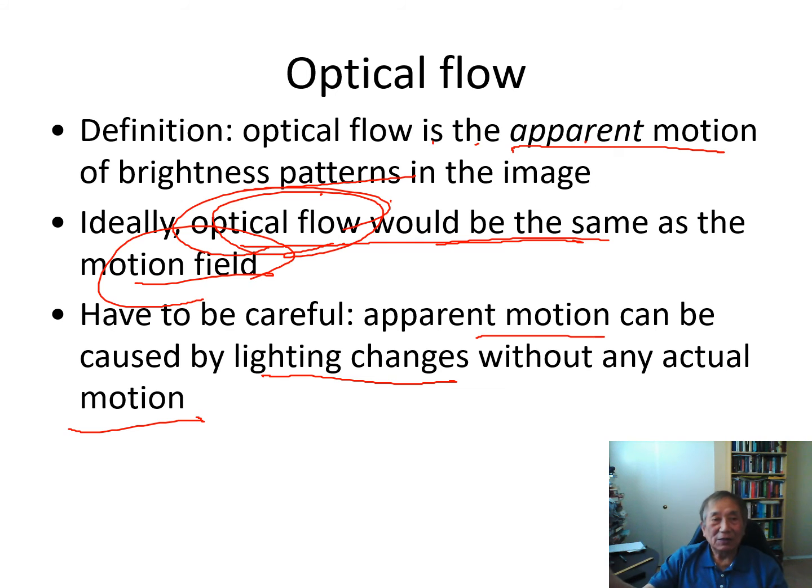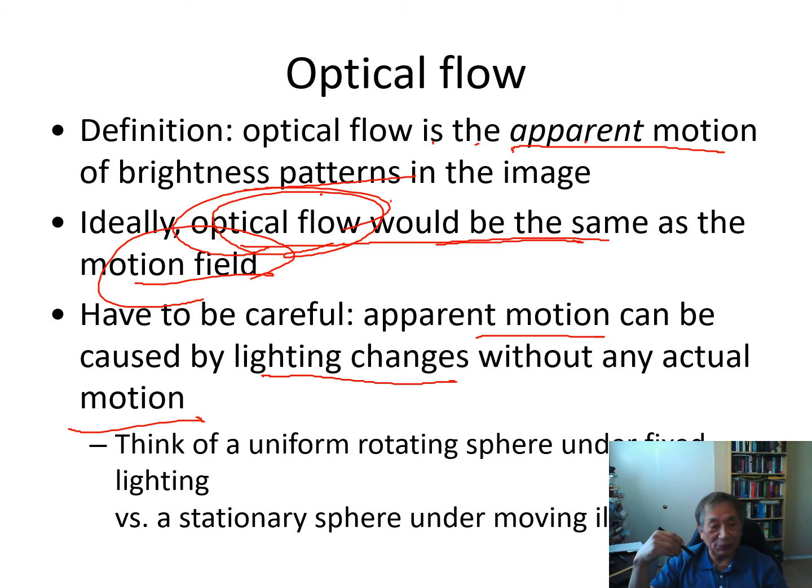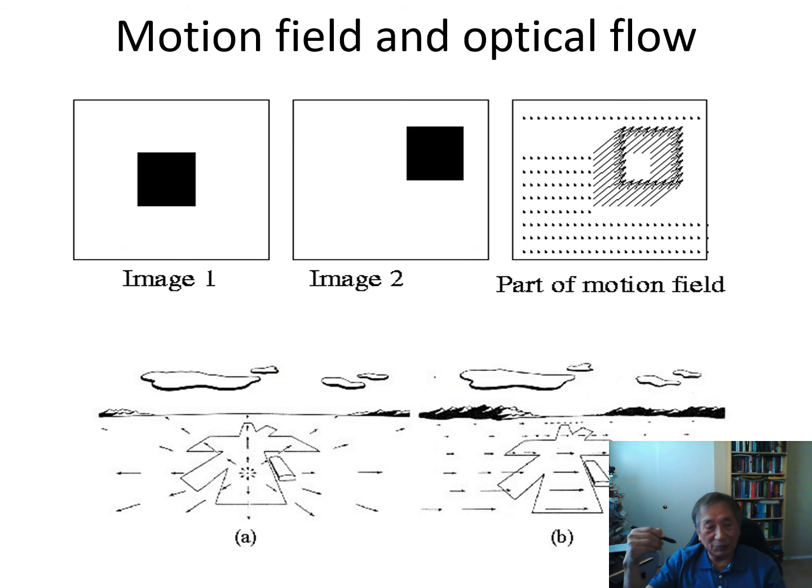Even if it's the same object or the same pixel far away, if the intensity got lower, dimmer, then it looks like it's going away from us. That's happening. Also, with a uniform rotating sphere under fixed lighting, they keep changing, and the other side looks dimmer.